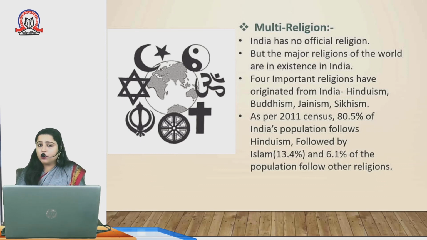India has no official religion, but there are four important religions which originated from India: Hinduism, Buddhism, Jainism and Sikhism. Again, there is no official religion, but these are important religions which have originated from India only.